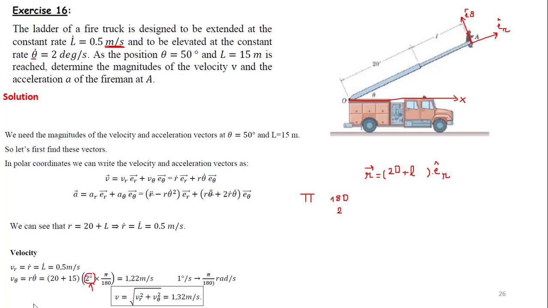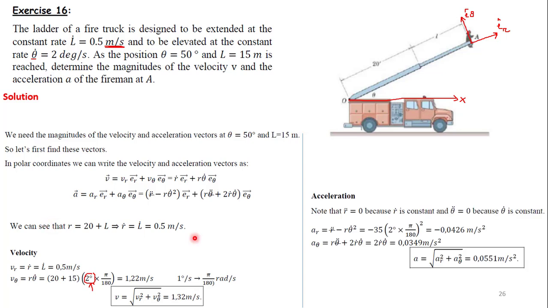Okay, now we need to find the acceleration. In polar coordinates, the radial component is given by r double dot minus r theta dot squared. We know that r is given by 20 plus L, and we know that r dot is a constant. So r double dot is the derivative of this constant, so it's 0.